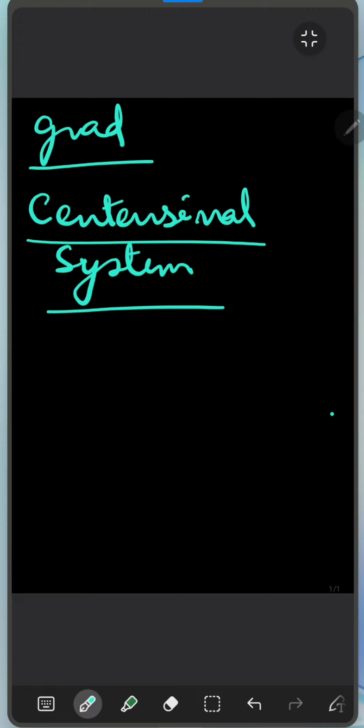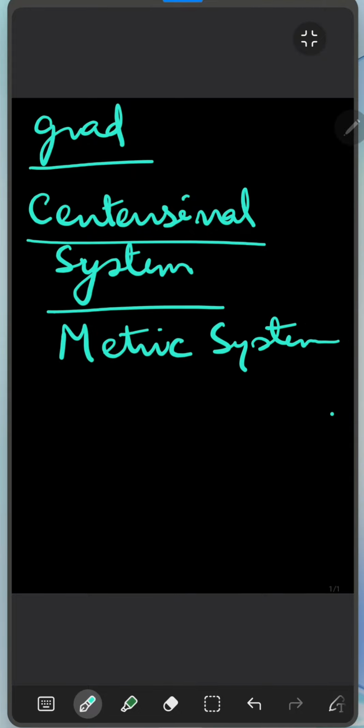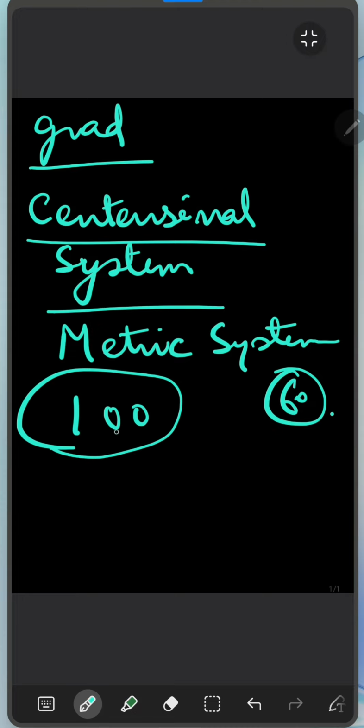The centesimal system was developed during the French Revolution as part of the metric system. This is the history of this term. This system is based on the number 100. The sexagesimal system is based on 60, whereas the centesimal system is based on the number 100.